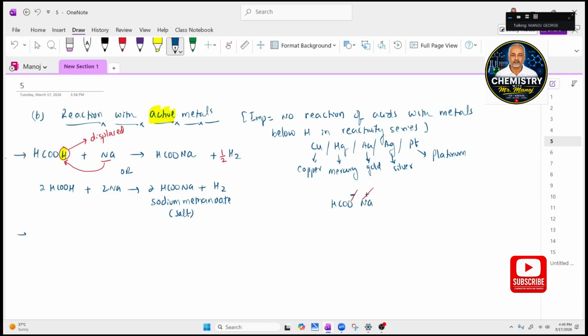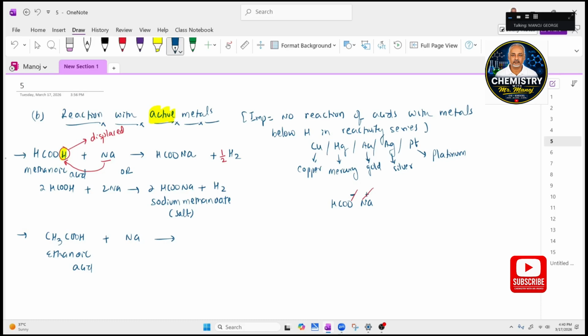Let's do another one. I'm going to use a different acid here. CH3COOH. So this is methanoic acid, and this is ethanoic acid. And I'm reacting this with sodium again. Do you want to try this? Why don't you try this and let me know?